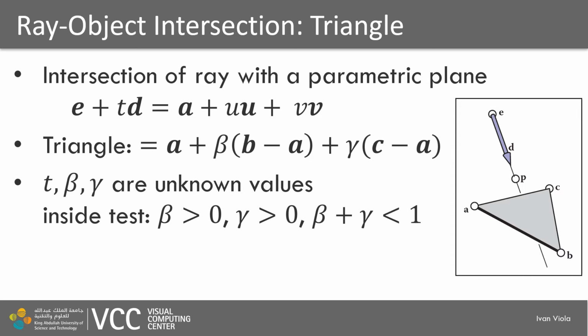So here we can again come back to the parametric equation of our line, and we can also define the triangle. First of all, we check whether the intersection is on a subset of a particular plane.